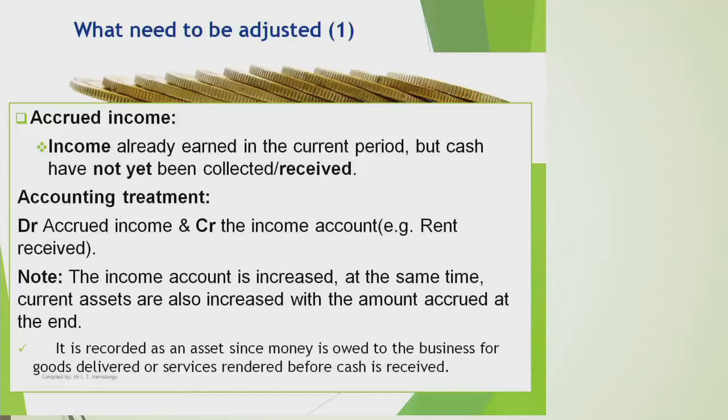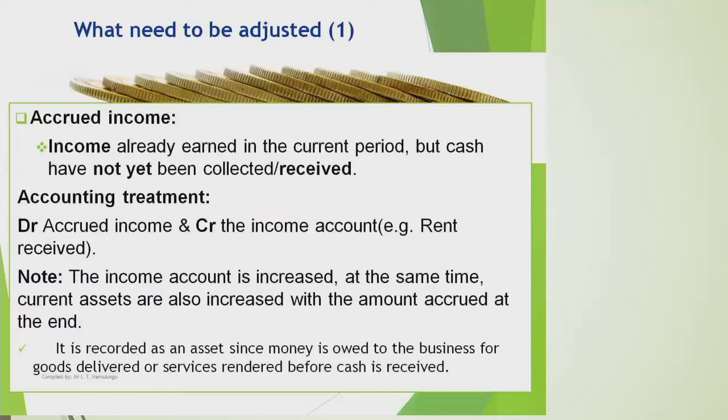Then accrued income is a debtor which becomes an asset, and you already know assets increase on the debit side and decrease on the credit side. It's recorded as an asset since money is owed to the business for goods delivered or services rendered before cash is received.